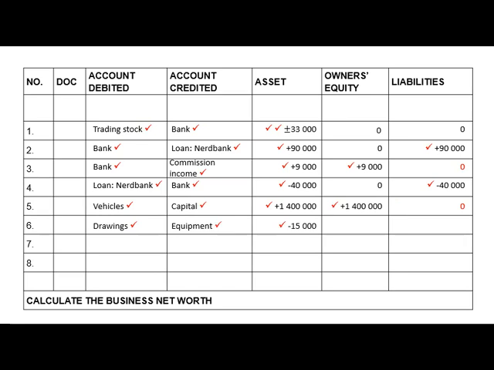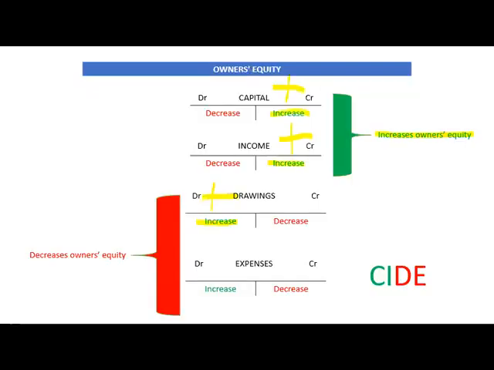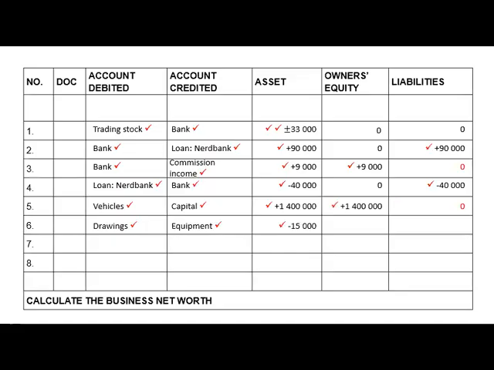And I indicated that the higher the drawings, the lesser owner's equity will have, okay? And that will reduce our owner's equity by the cost price of equipment that was taken by the owner. Liabilities will be 0. Let us move on to the next one.